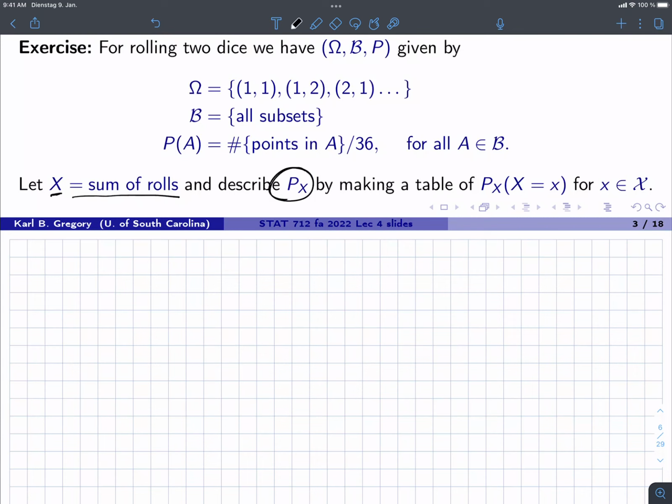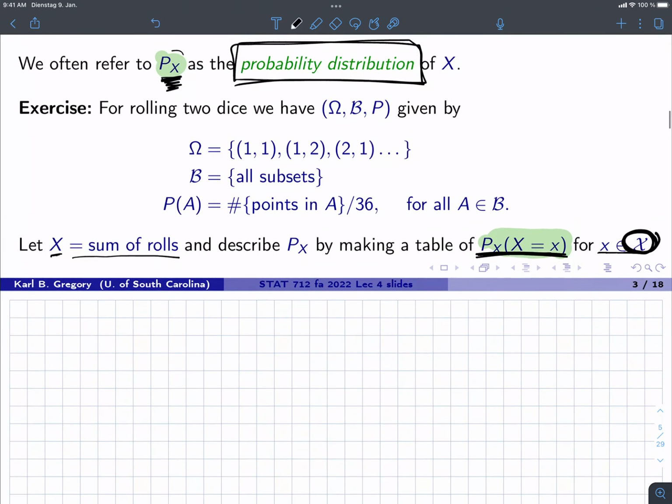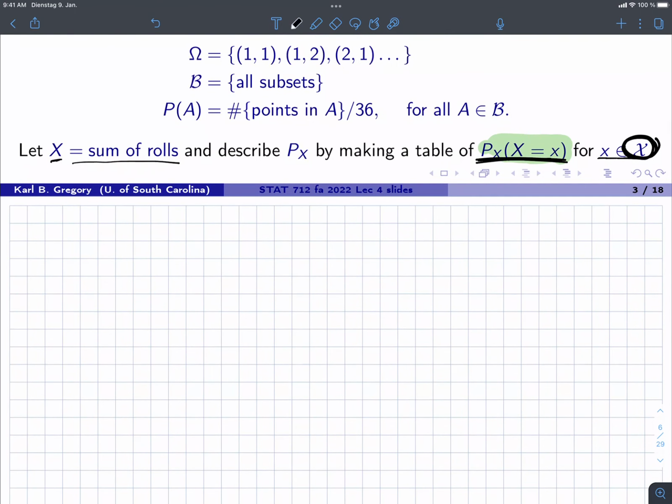And let's describe this probability function for x by making a table containing these values. So for each value that our random variable x could take, that is in the support, I want to write down what's the probability that x takes that value. All right, so I think the easiest way to describe the distribution, the probability distribution of x, is to first just write down the support.